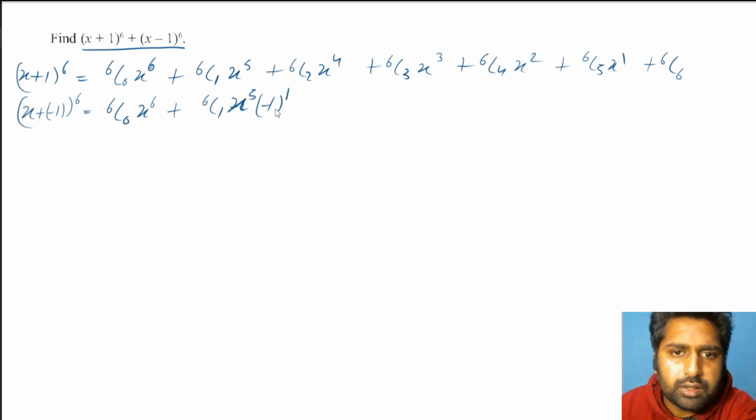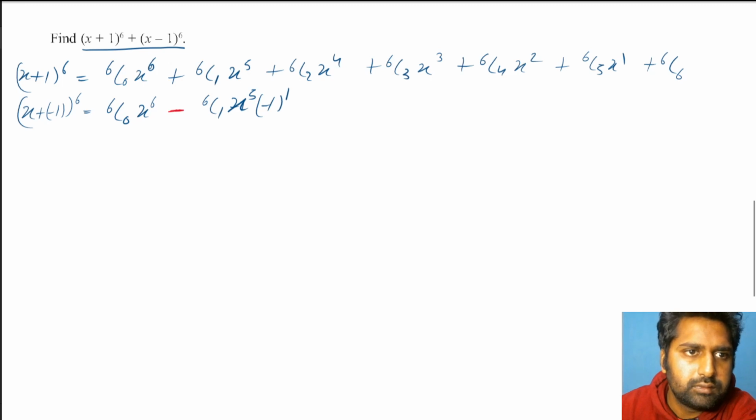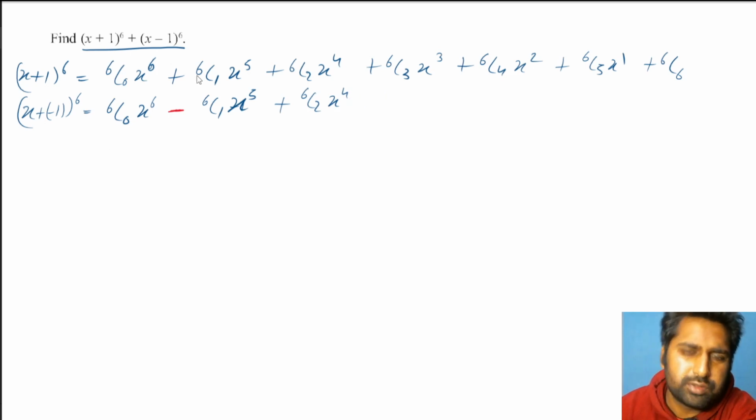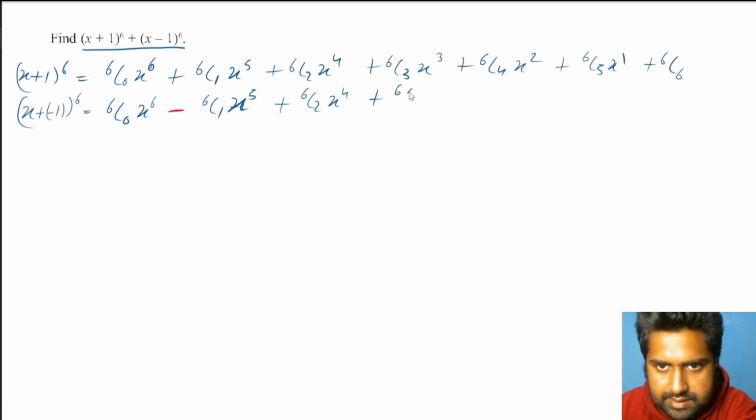So an odd power of -1 will be negative, so negative will come here. Then again 6c2 x raised to power 4 into minus 1 raised to power 2. Again, an even power of a negative number is positive, so plus 1, remove it. Then 6c3, again odd power of -1 will come.